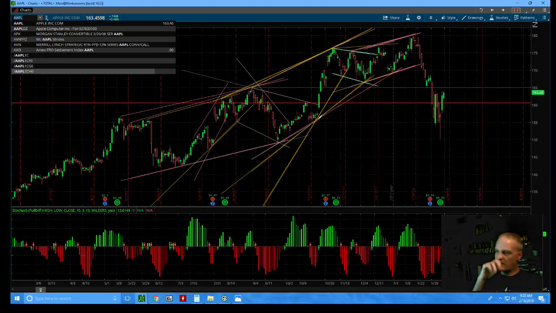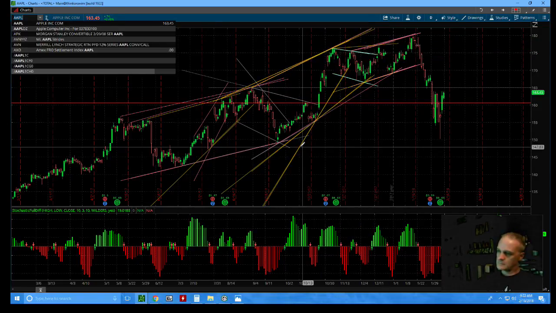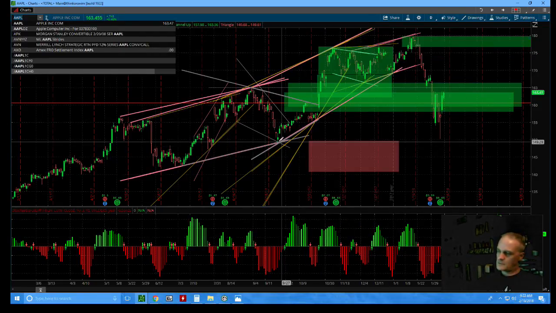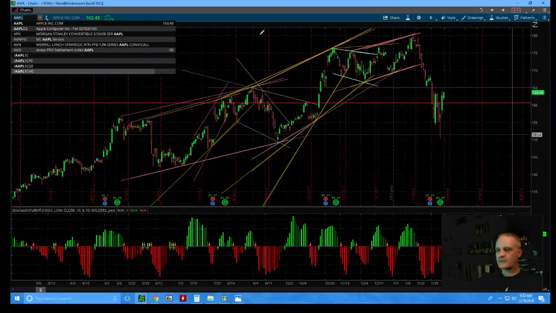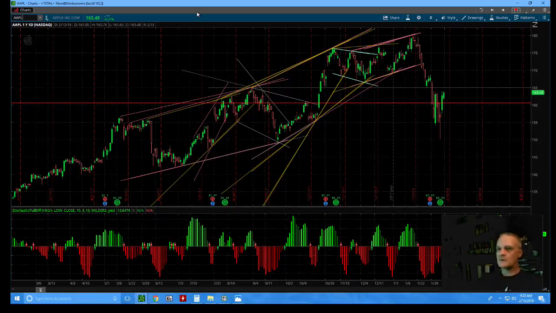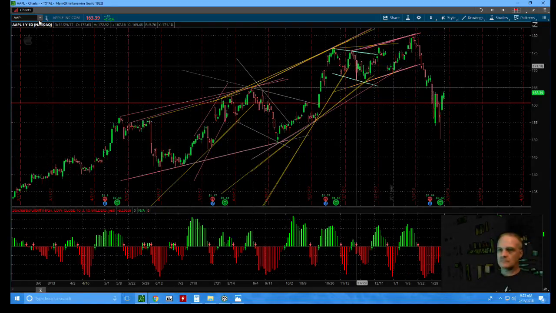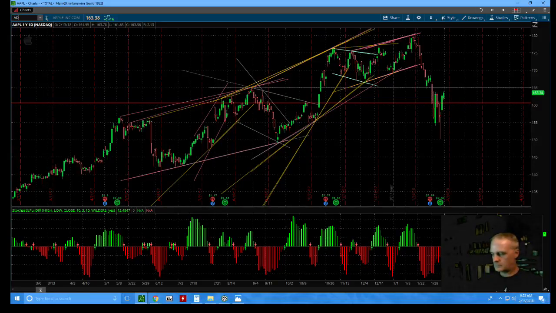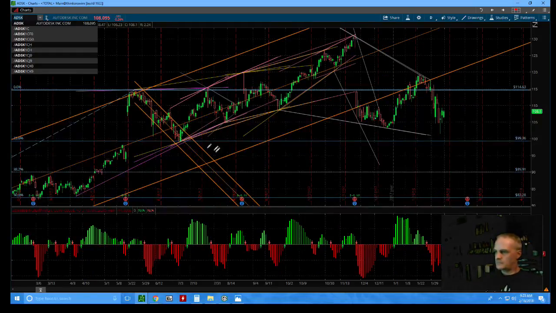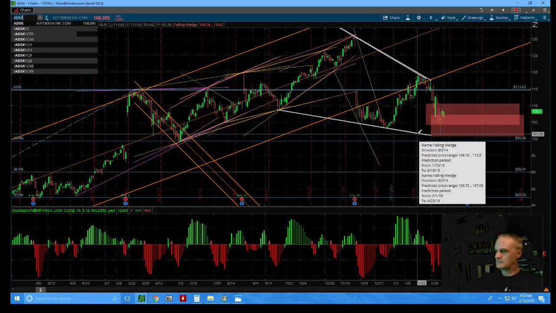So patterns, if you can spot them, can be helpful. If you have charting software that does it for you, that's certainly very helpful.